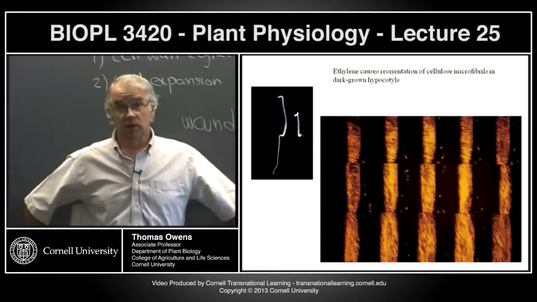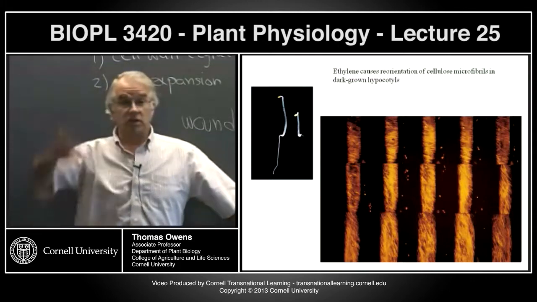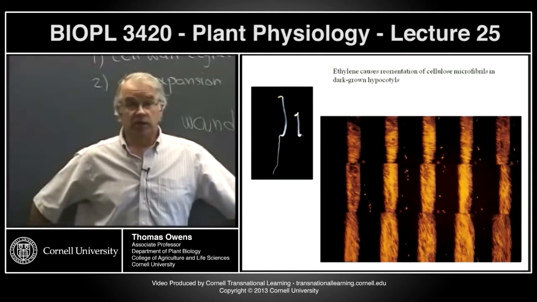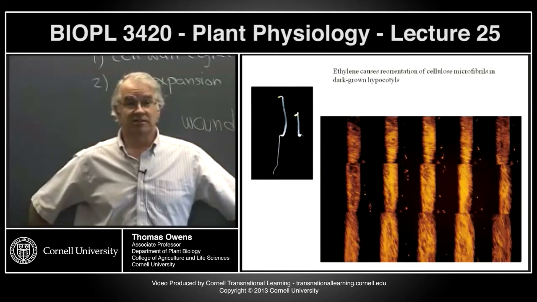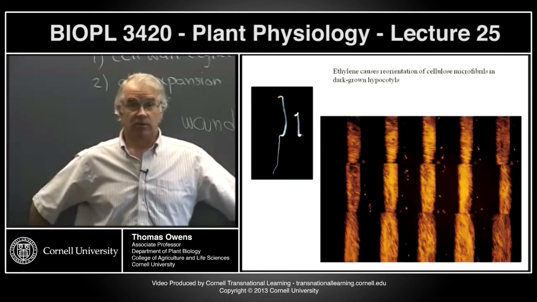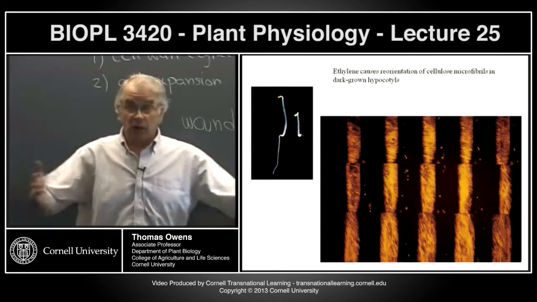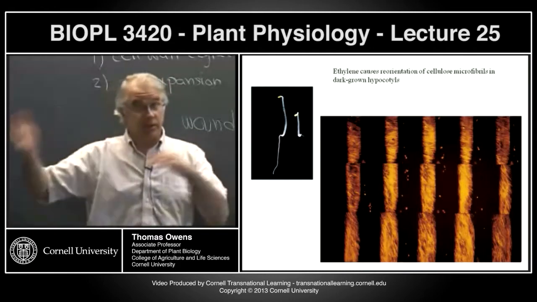Okay, so what's another way of doing random mutagenesis that we talked about just the other day when we talked about cytokinins? Agrobacterium. What does the tDNA do? Inserts. And how does it insert? Specifically or randomly?